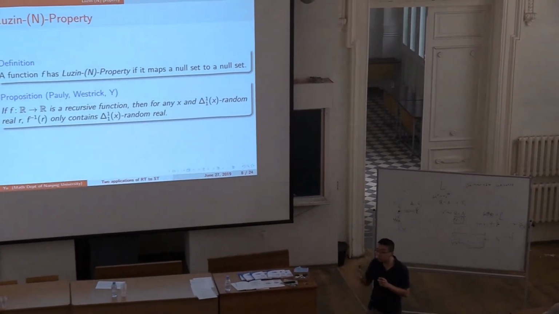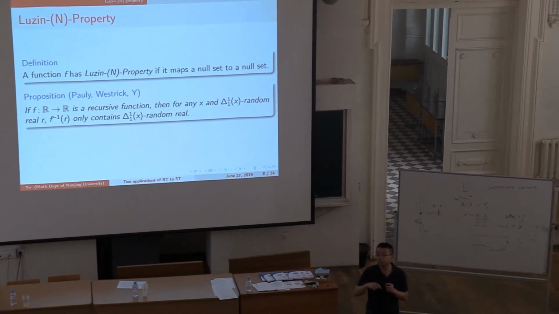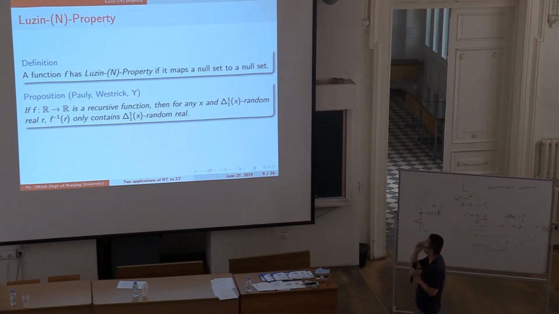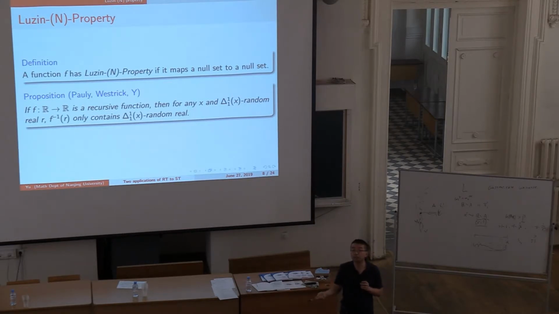So we just need to look at real recursive functions, and then to prove the general result, simply relativize to an oracle. If f is a recursive function with the Lusin N property, then for any X, the preimage of a Delta 1 X-random real contains only Delta 1 X-random reals. So if the image is already Delta 1 X-random, then the preimage is already Delta 1 X-random. So it does not decrease randomness. It's a quite natural recursion theory interpretation.